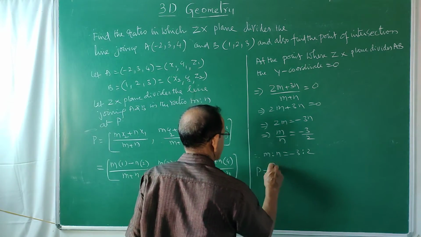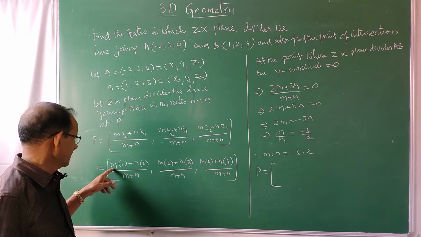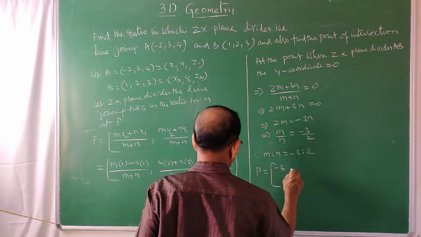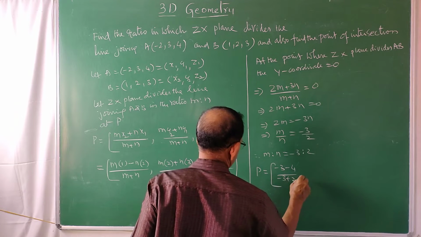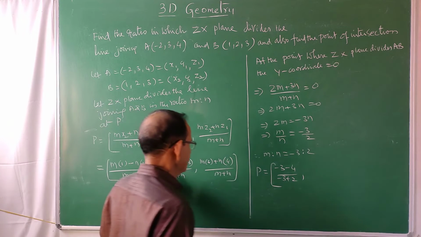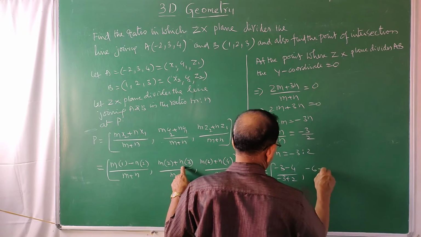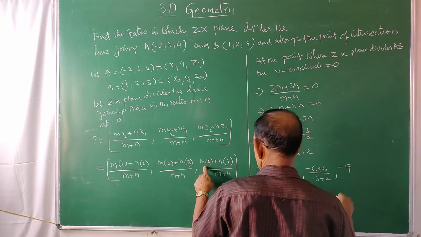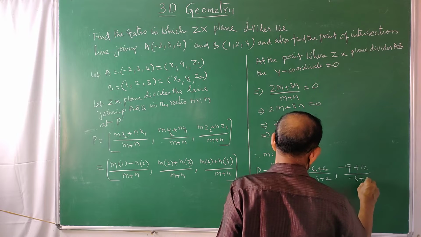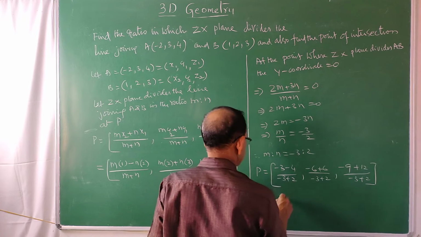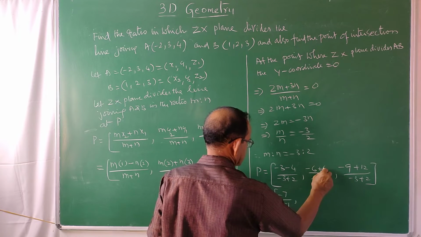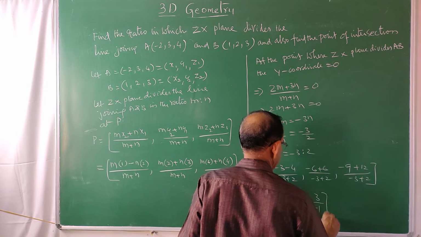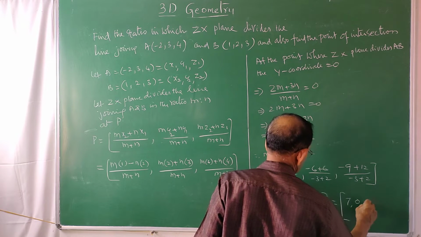So P, by substituting m = -3 and n = 2: x coordinate (-3 + 2(-2))/(-3 + 2) = -7/-1 = 7, y coordinate (-6 + 6)/(-3 + 2) = 0, z coordinate (-9 + 12)/(-3 + 2) = 3/-1 = -3.